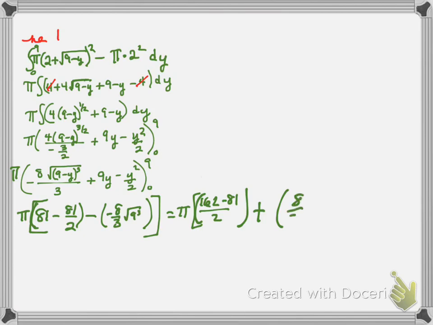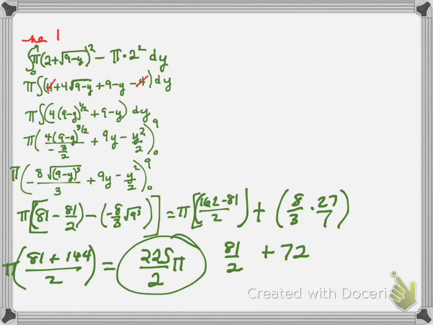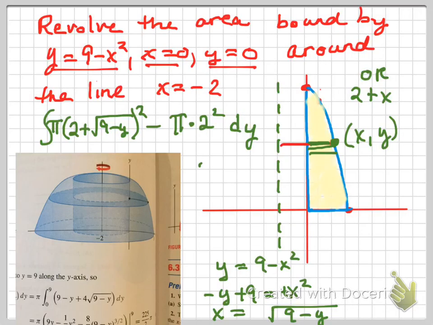And so I have 8/3 times 27, which 27 divided by 3 is 9. So I end up with 9 times 8, which is 72, plus 81 halves when I take 162 minus 81. So common denominator for that, I'm going to have 81 plus 144 over 2, all times pi, and 144 plus 81 will give us 225 over 2 times pi, and so that is going to be my volume for that crazy figure there.